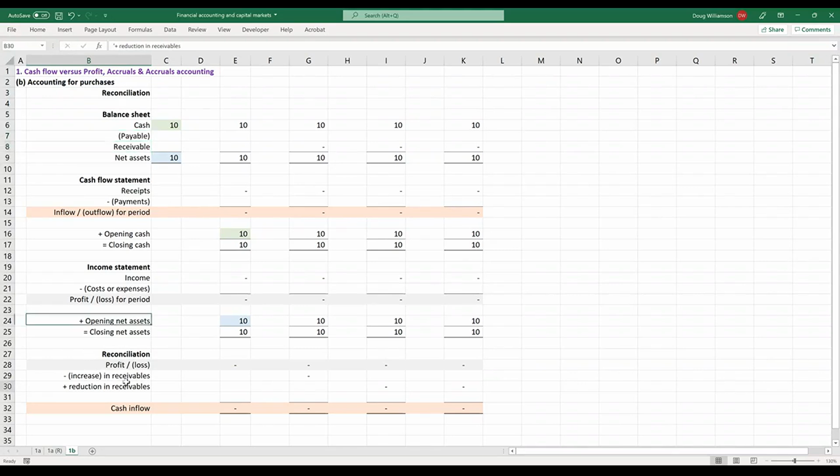And in this reconciliation, if payables increase, our cash will tend to be greater. If there's an increase in payables, cash will be more.